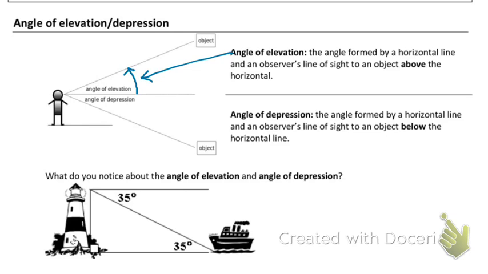Now, you can look up at something, and you can also look down at something. So when you're looking down at something, that is going to be our angle of depression. That is the angle formed by the horizontal line and an observer's line of sight to an object below the horizontal line. So in this case, me looking downwards is going to be my angle of depression. That angle from keeping my head neutral to looking down would be the angle of depression.